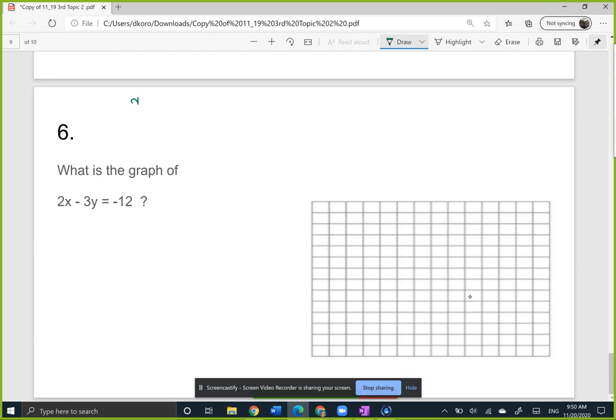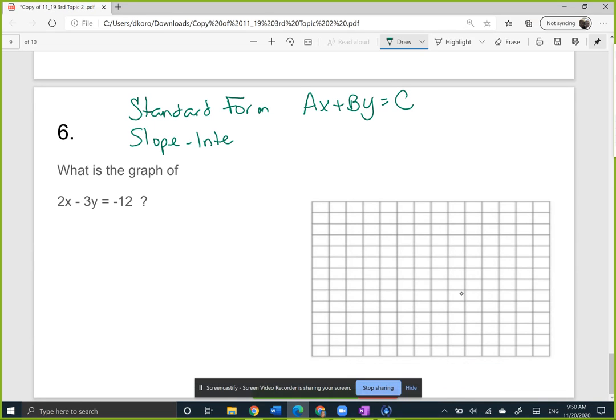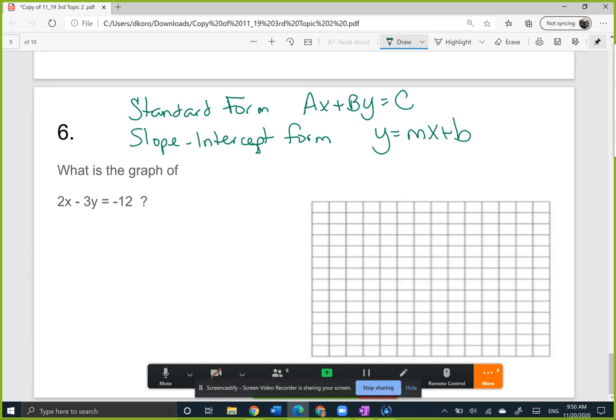Standard form is ax plus by is equal to C. Slope-intercept form is y equals mx plus b.